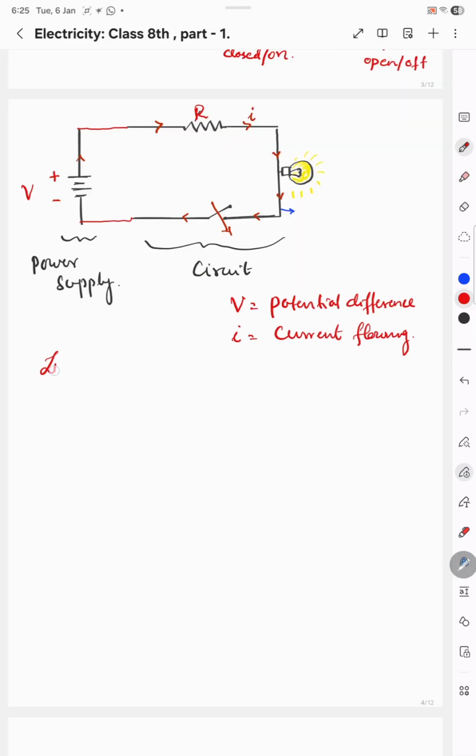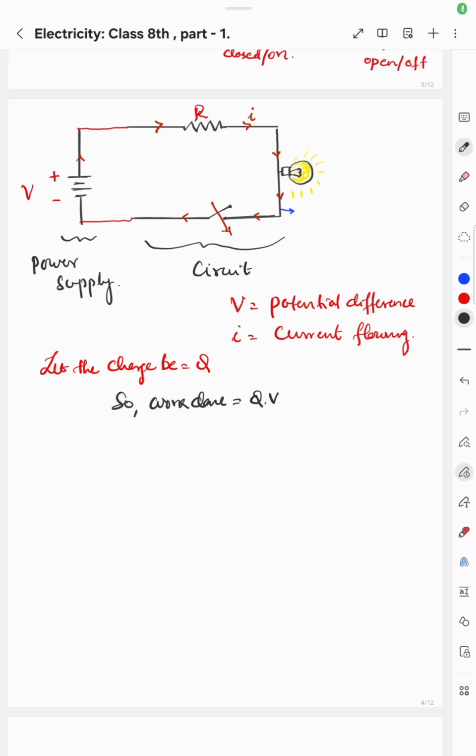Now let the charge be Q. And we know that V is the potential difference or the voltage which is driving this charge across the circuit. So work done will be Q into V. Q is the charge which is being pushed by this voltage across the circuit.